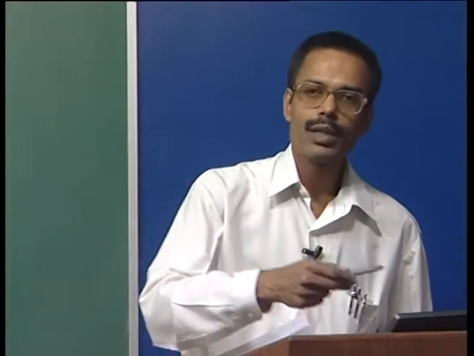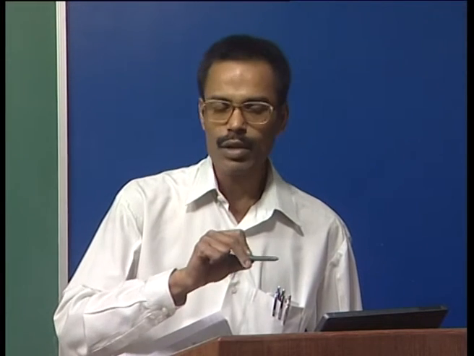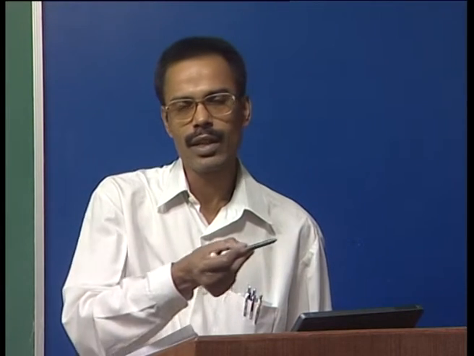And therefore, when you call a subroutine from any professional library, you should make sure what the implementation of this algorithm in the library does to A. If the original matrix A is getting overwritten by A inverse finally, then it is important on your part to store the original A by a different name before sending that matrix to the library.